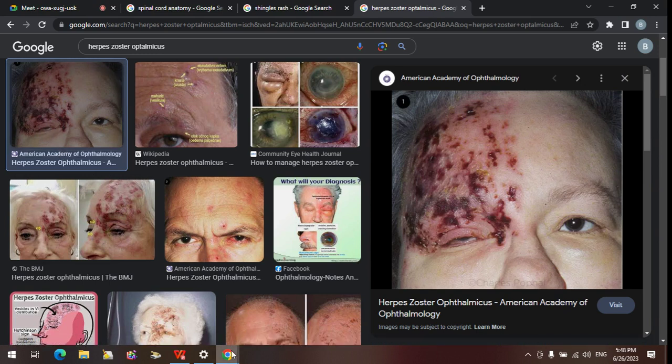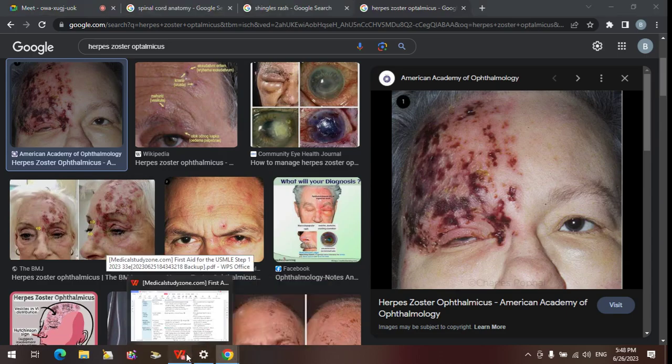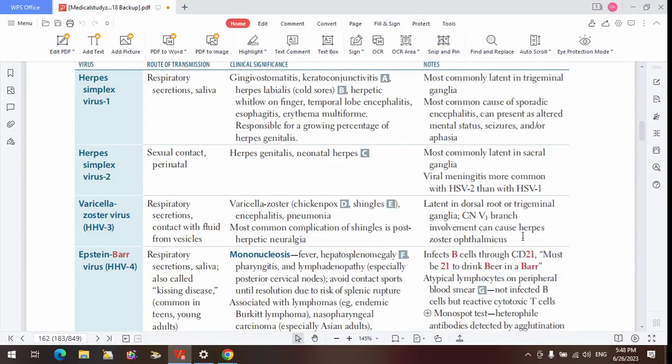So after all this rash has happened, the most common complication is post-herpetic neuralgia. After the rash has gone, you'll still be having some burning, itching pain at the area where the rash was before. That is what we call post-herpetic neuralgia.